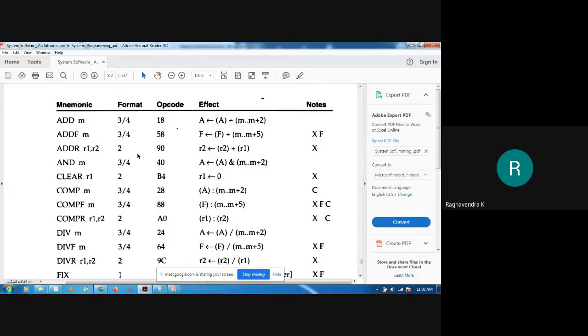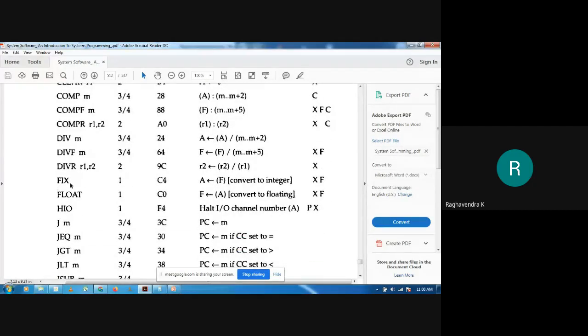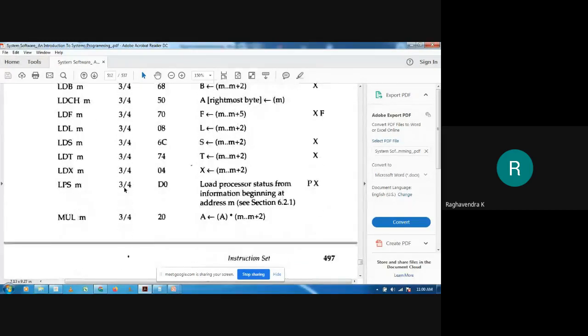I mentioned that there are only a few instructions that are format 1. For example, you can observe here, fix is a 1 byte instruction format. Float is a 1 byte instruction format. HIO is a 1 byte instruction format. So now we have seen 3 instructions which are 1 byte.